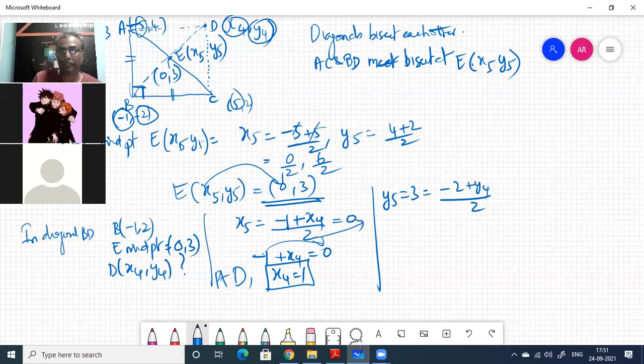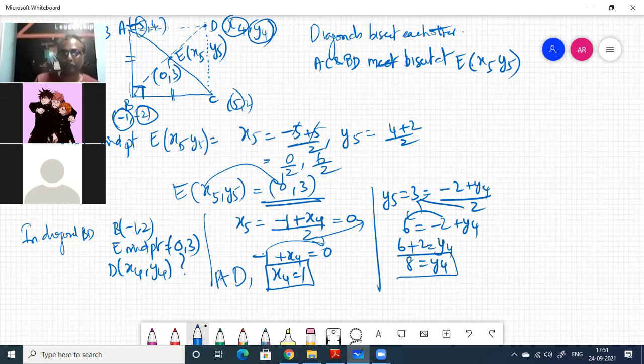Take this to this side. 3 into 2 is 6, equal to -2 plus y4. Take this to this side. 6 plus 2 is equal to y4. So 8 is equal to y4. So the point D is equal to 1 comma 8. That's all.